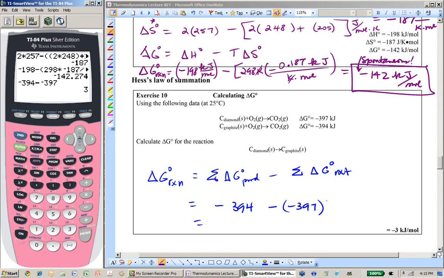That's a sad little answer, isn't it? 3 kilojoules per mole. And why isn't it minus? What went wrong? Did I do the right number? Graphite minus 394. I did minus a negative. Oh, I guess it does come out positive.